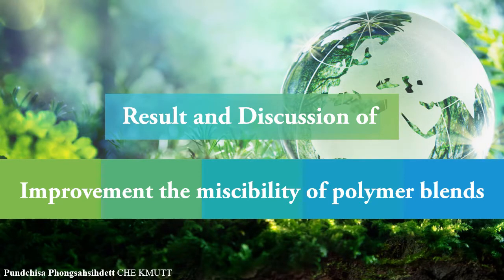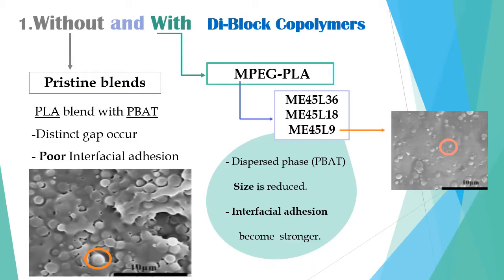Let's move to the results and discussions of improvement of the miscibility of polymer blends with and without the block copolymers. When it comes to pristine blends between PLA and PBAT, distinct gap walls occur with poor interfacial adhesion.